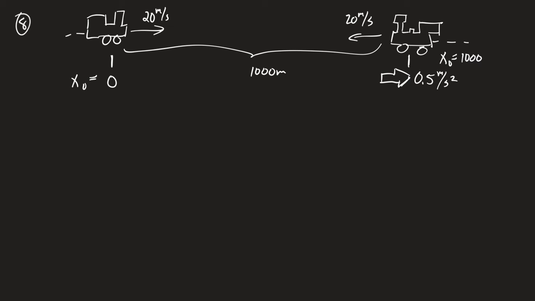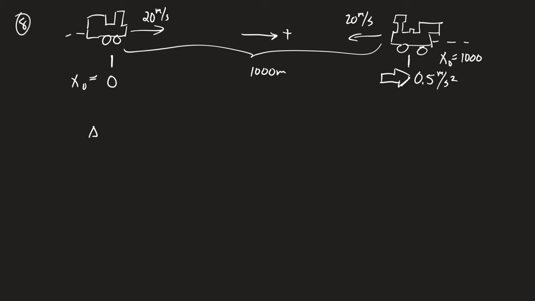Everybody okay? All right. What direction is positive? To the right or to the left? Based on what we've just drawn, we have established that this has to be the positive direction because we are at the positive 1,000 meter mark on the right. Everybody understand? Okay, let's begin the problem.